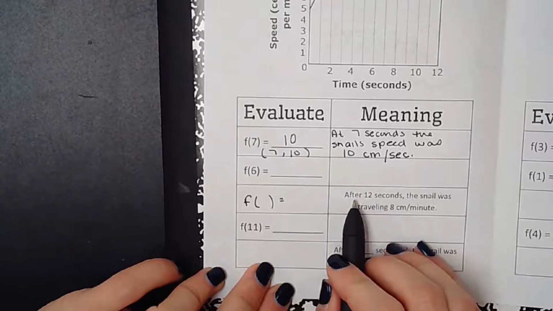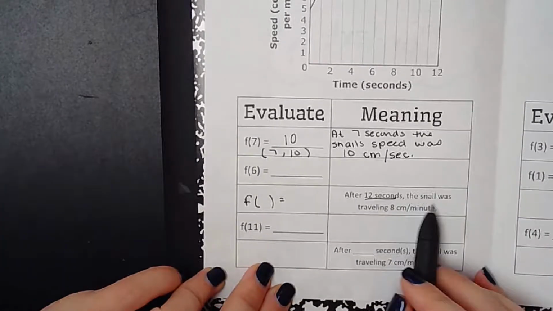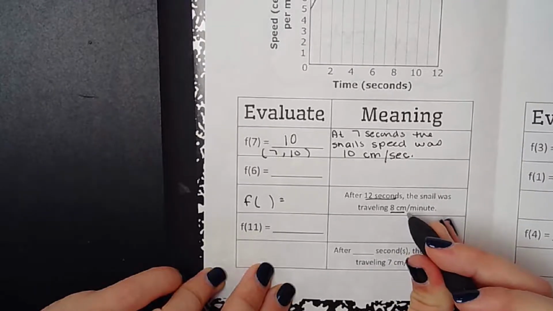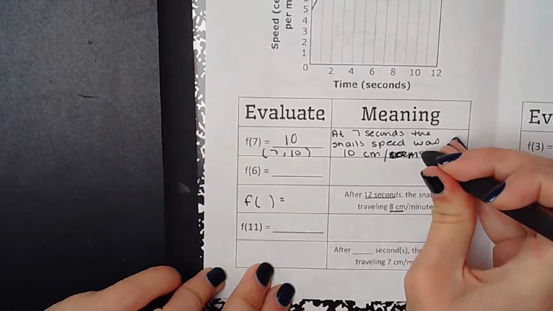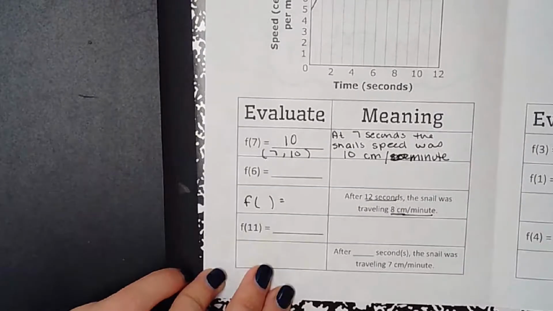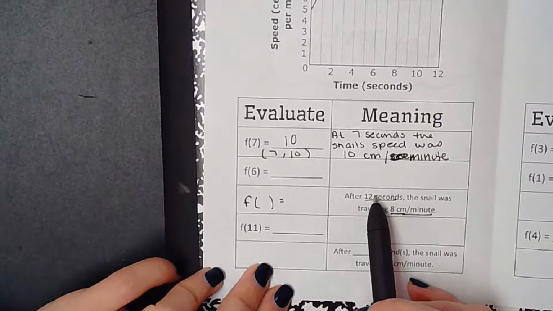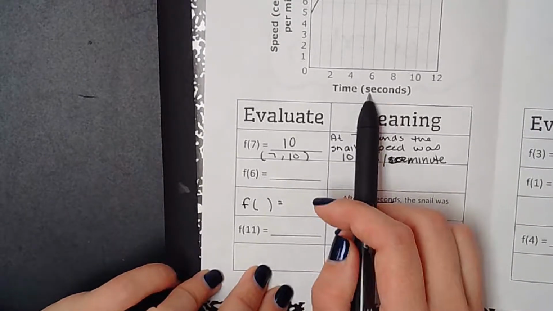So when I read the sentence, after 12 seconds, the snail was traveling 8 centimeters per minute. Oh, I said second on all of these. It's traveling centimeters per minute, sorry. Traveling 8 centimeters per minute. I know that my time, my seconds, are talking about my x values.